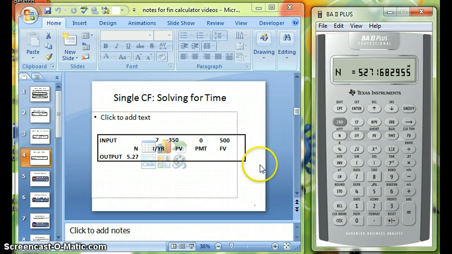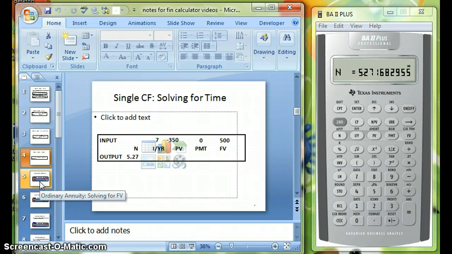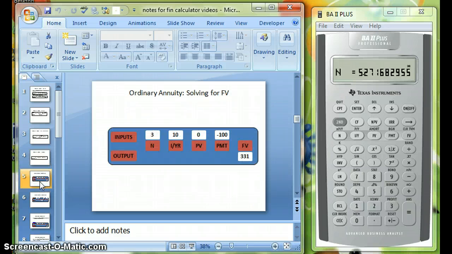Okay, so far this is single cash flow. And then we want to deal with multiple cash flows, and we start with annuities, which has even amount of cash flows all the time. For ordinary annuity, when we try to calculate the future value, this is a 3-year annuity, each payment being $100.